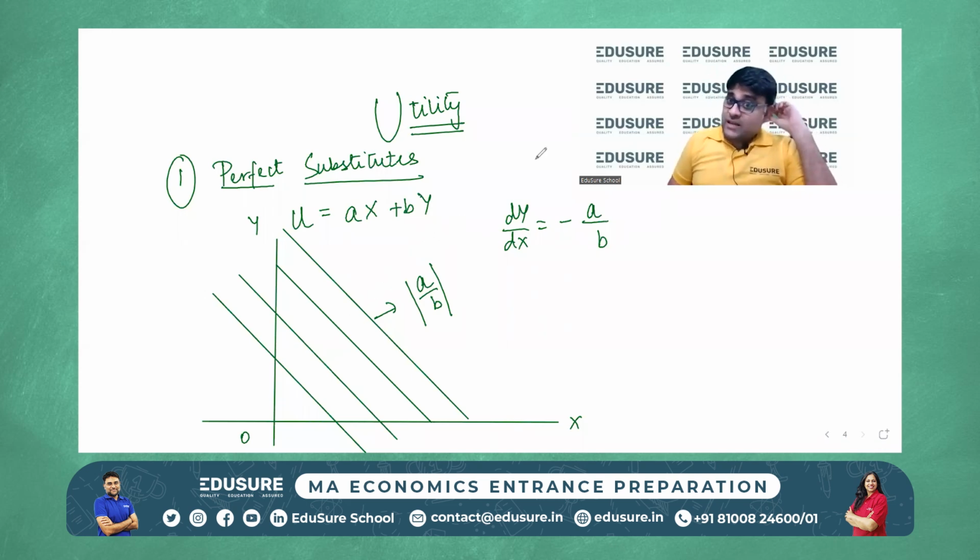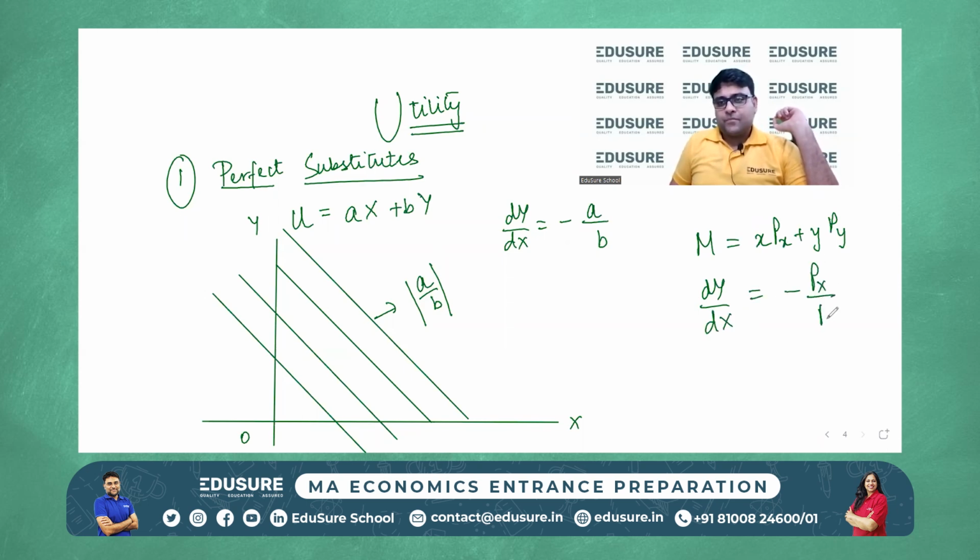Now obviously I have a budget line, which is m equal to x px plus y py. The budget line slope dy by dx is equal to minus px by py. So different cases will have different results.